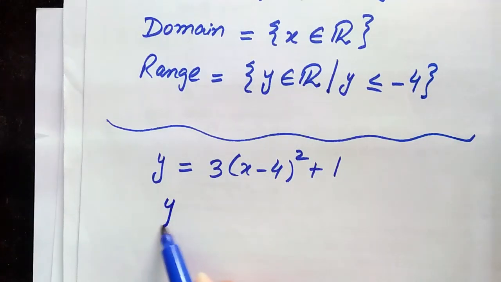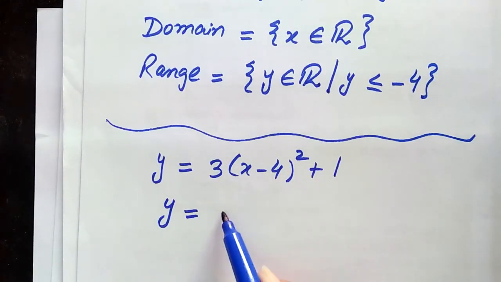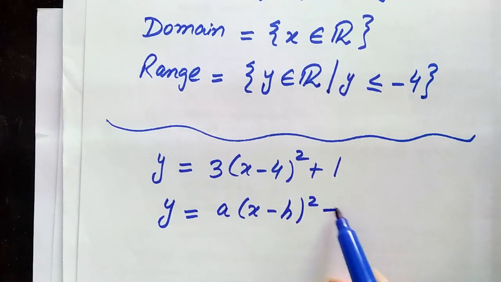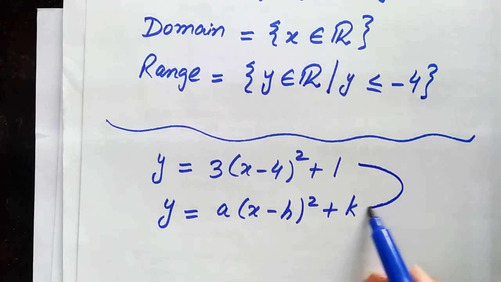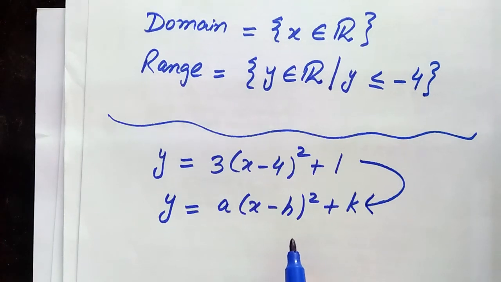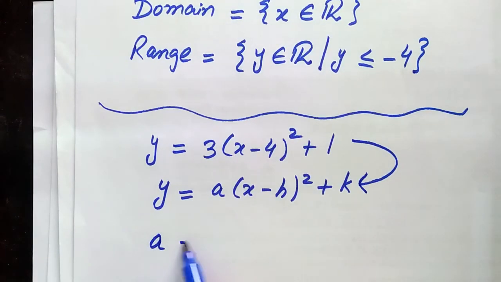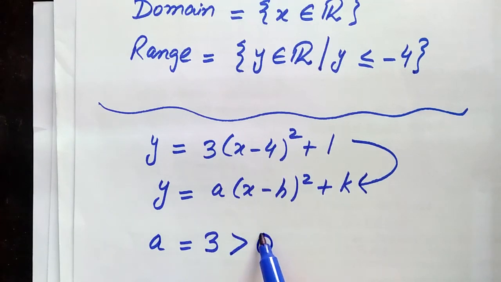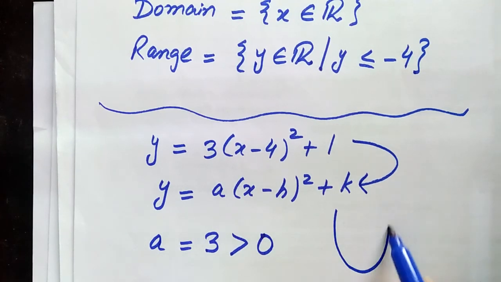Compare this equation with y equals a into (x minus h) whole square plus k. Compare this equation with this standard equation. You see a equals 3 here. This a is greater than 0, so this shows the parabola opens in the upward direction.